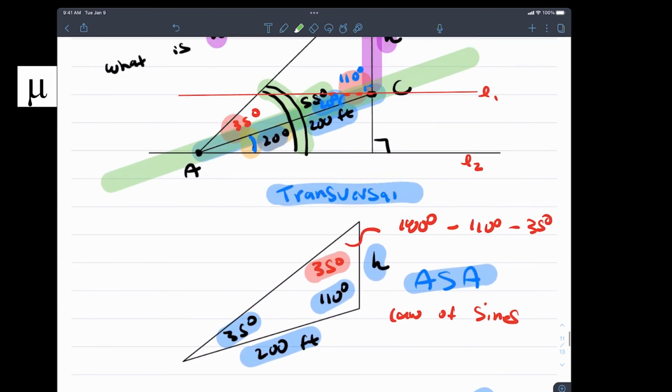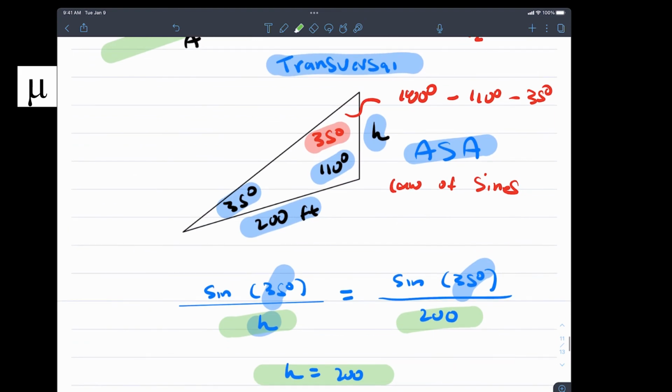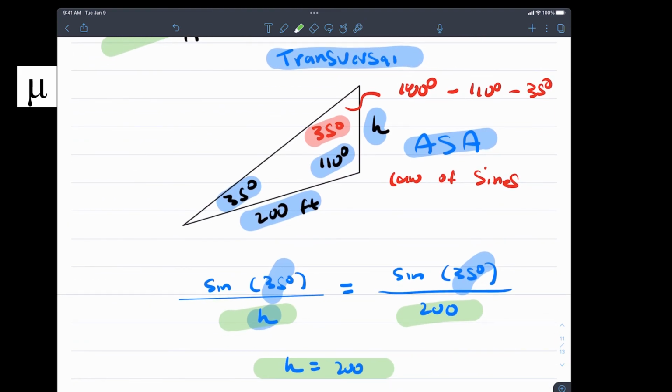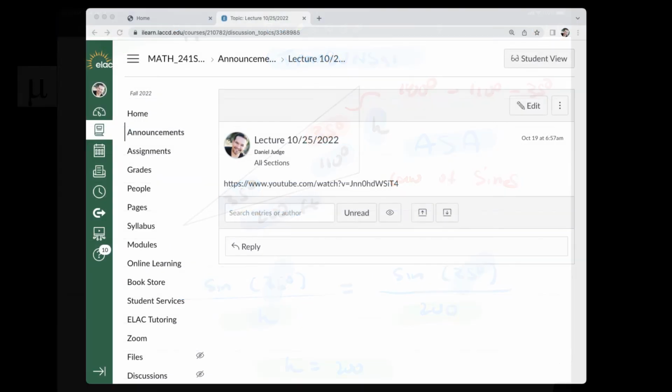There it is. Okay, you guys okay with that one? Good example. Now, you say, what have we been doing?